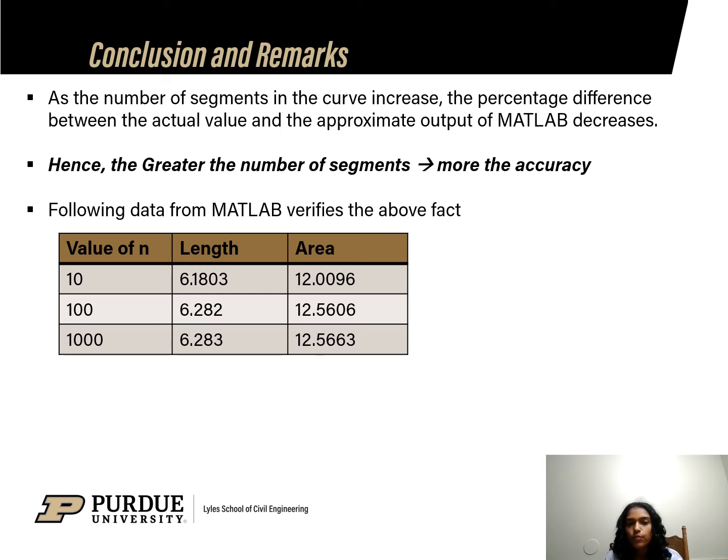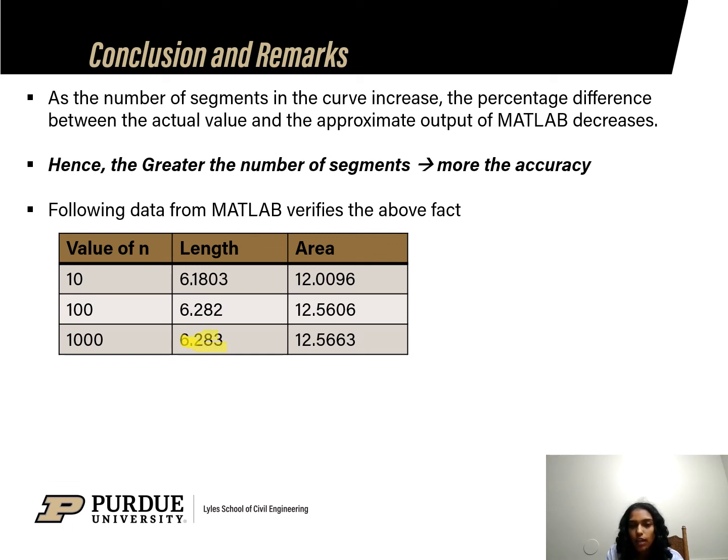If you see the following table, we can see that for n equals 10, the length is 6.18, and for 100 it's 6.28, and for 1000 it's 6.283, which is almost equal to our exact value.